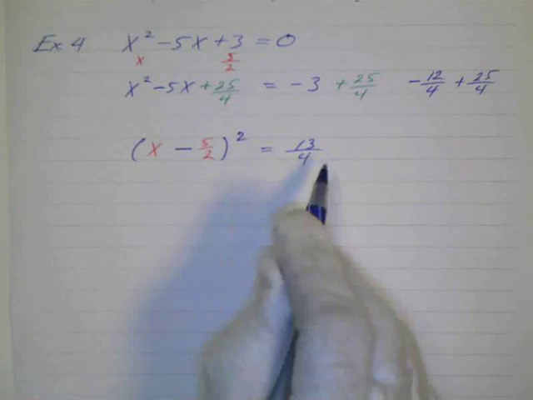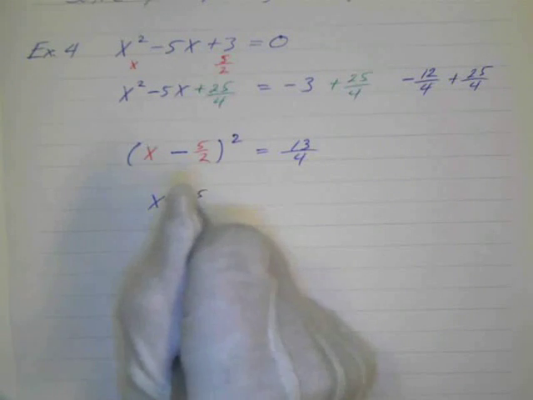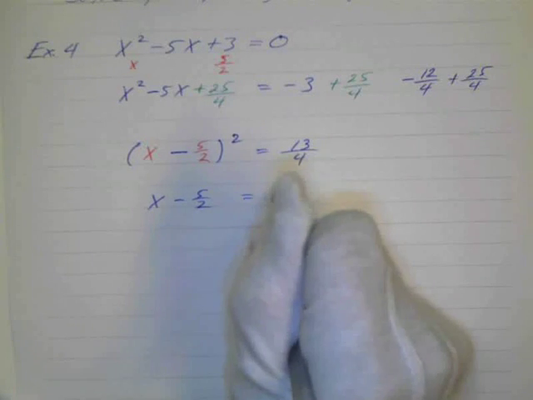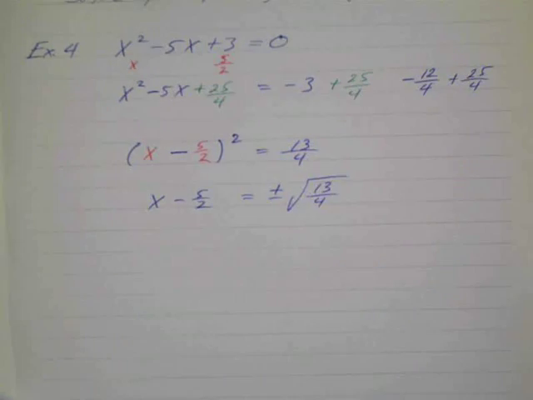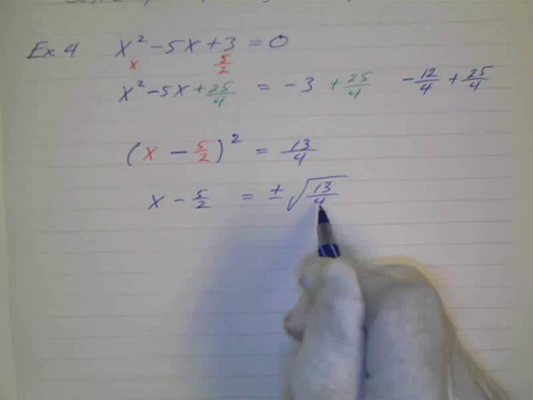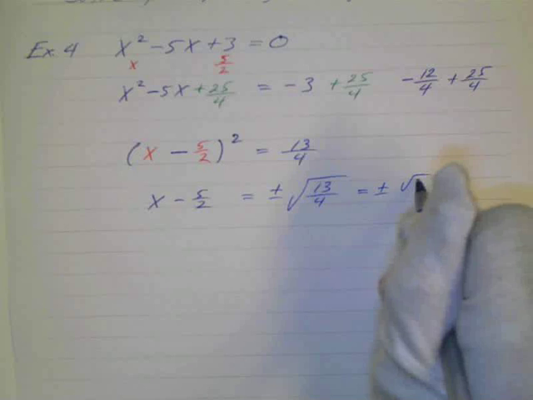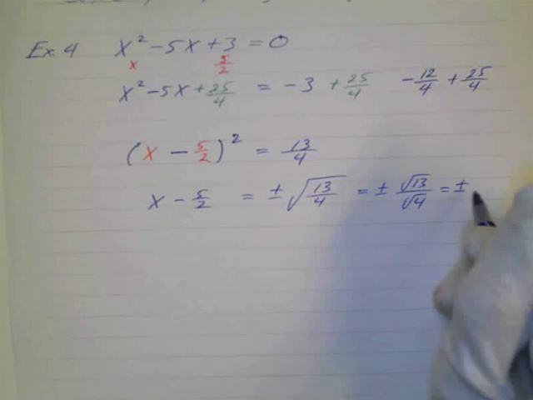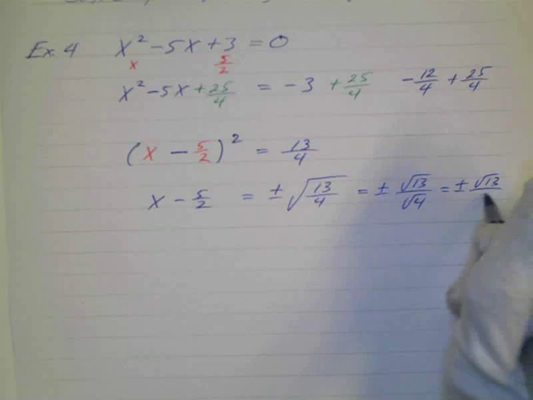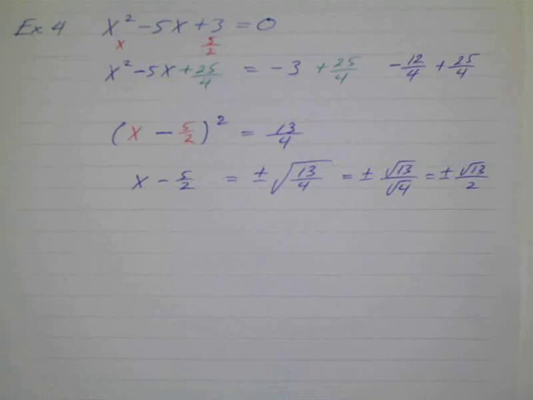Now we know if something squared equals 13 over 4, that something equals plus or minus the square root of 13 over 4. And since that's a perfect square in the bottom, I can rewrite this as plus or minus the square root of 13 over the square root of 4, which is plus or minus the square root of 13 over 2. So that's going to be over on the right.